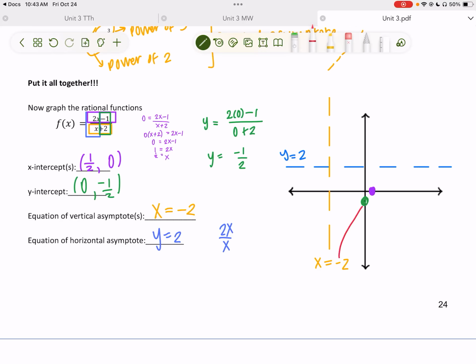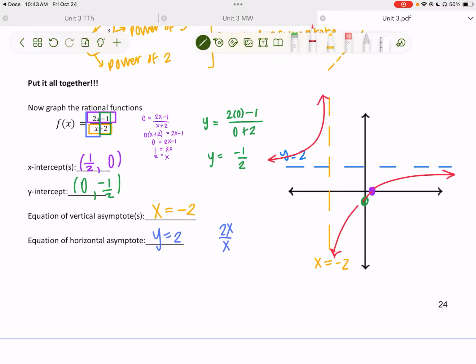Otherwise, that wouldn't really make sense. So I'm going to go ahead and draw my curve there. Okay. I also know based on that figure from earlier that if my curve is on the bottom right, the other curve is on the top left. That's all you need. I do not need you to find any other points as long as you know what that shape is going to look like.